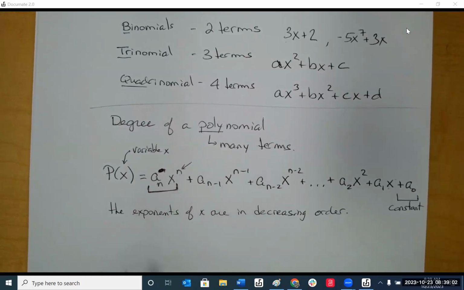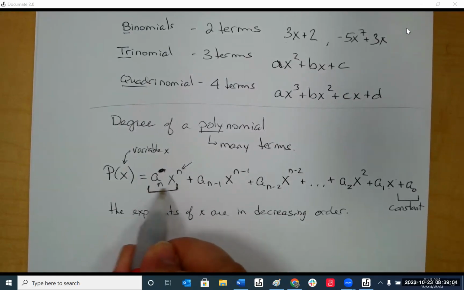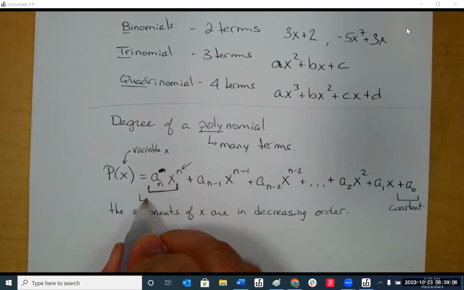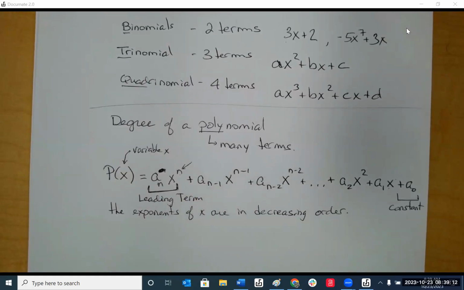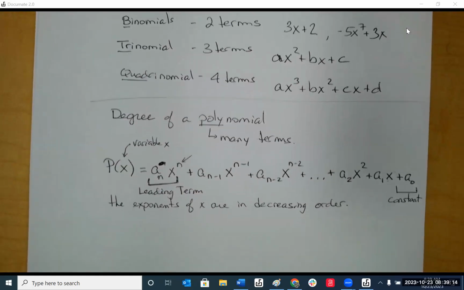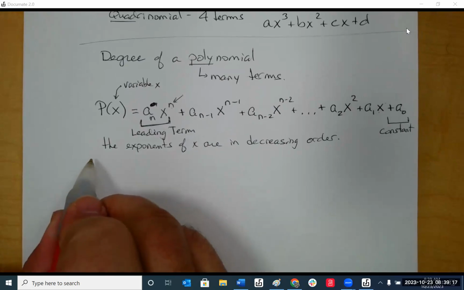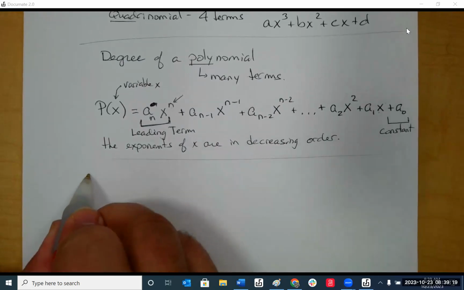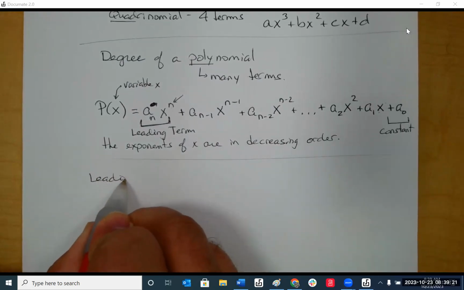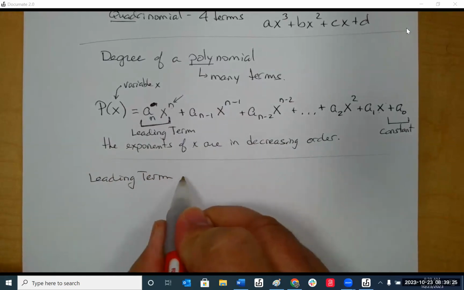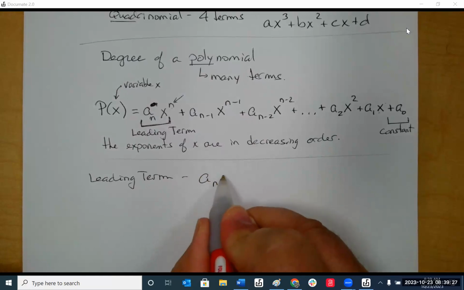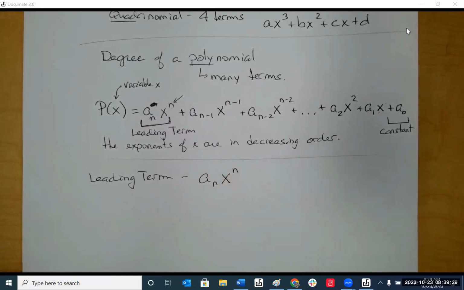Once you set it up this way, this first term is called the leading term. The leading term is important. It has the highest exponent.